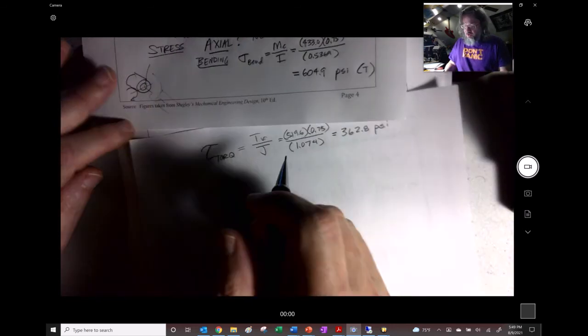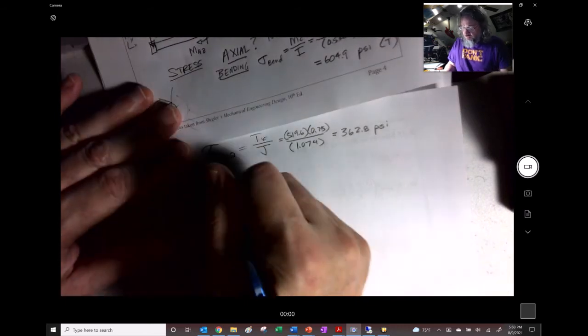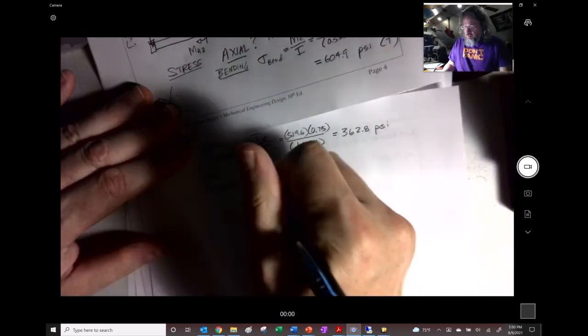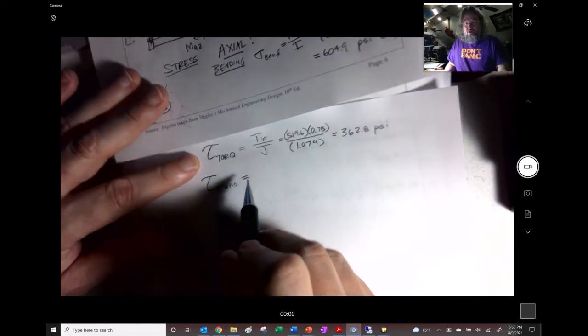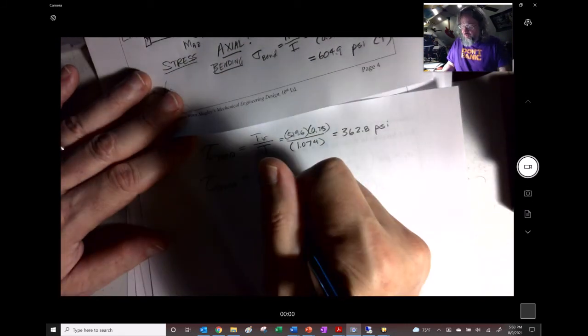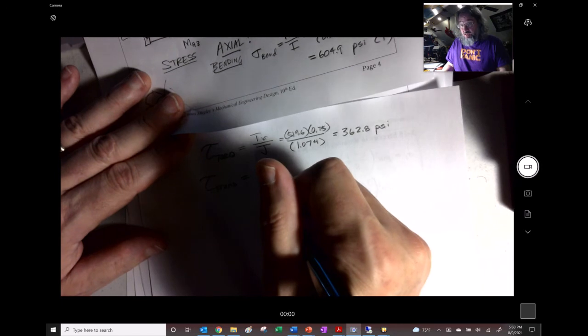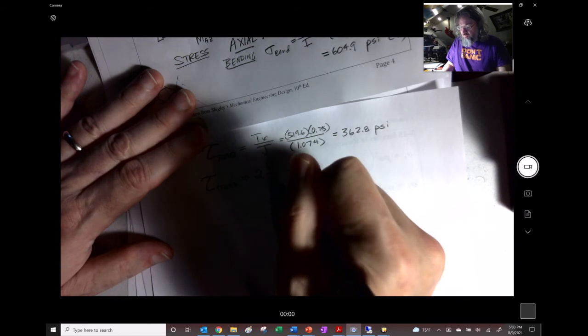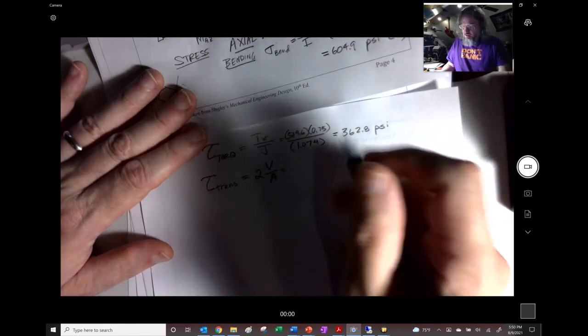Now, transverse. For a hollow cross-section, if we look it up in Chapter 3 in that one table, we'll find that for a hollow cylinder you get 2V over A. Which V, though? That's the important thing.